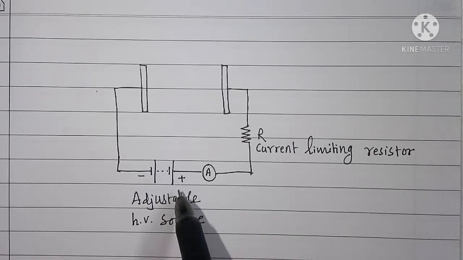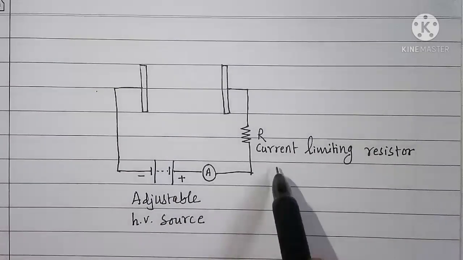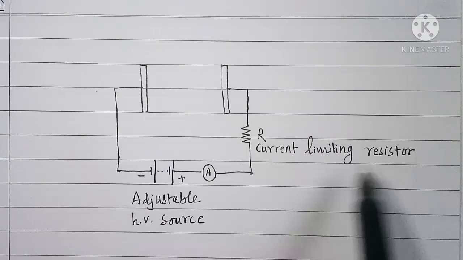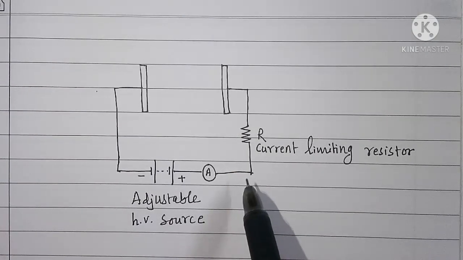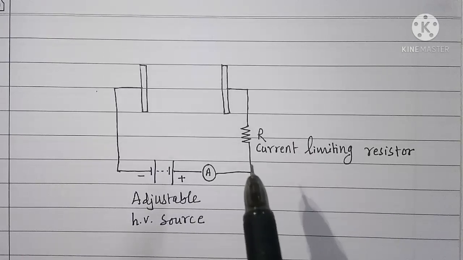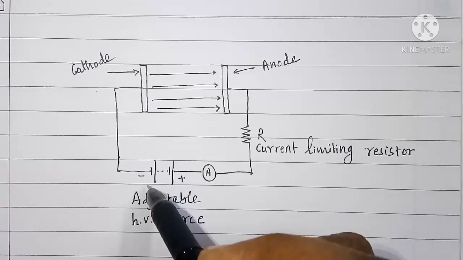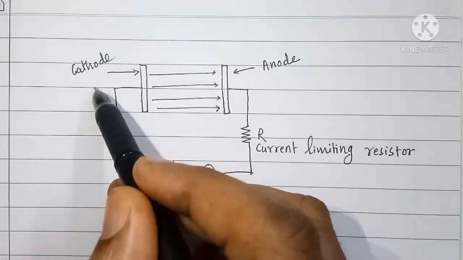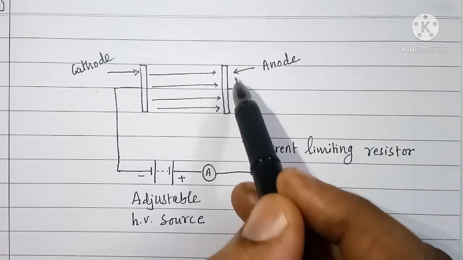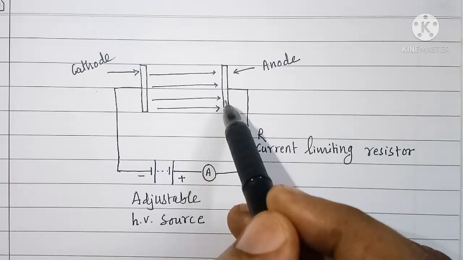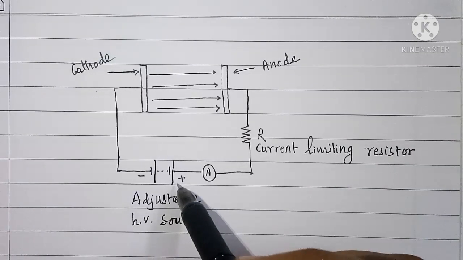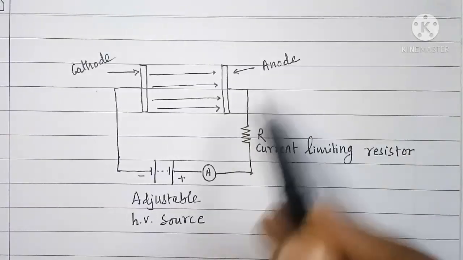In order to prevent that heavy loading of adjustable HV source, a current limiting resistor R is connected. Electrode connected to negative terminal of HV source is cathode, and the electrode connected to positive terminal of HV source is anode.